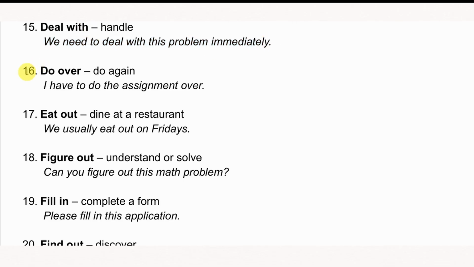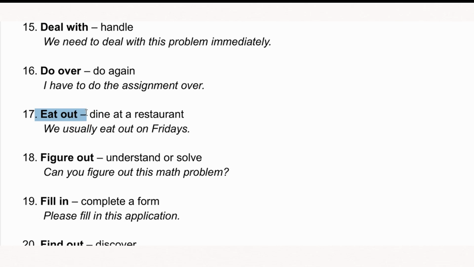16. To do over. To do over means to do again. I have to do the assignment over means I have to do the assignment again. 17.